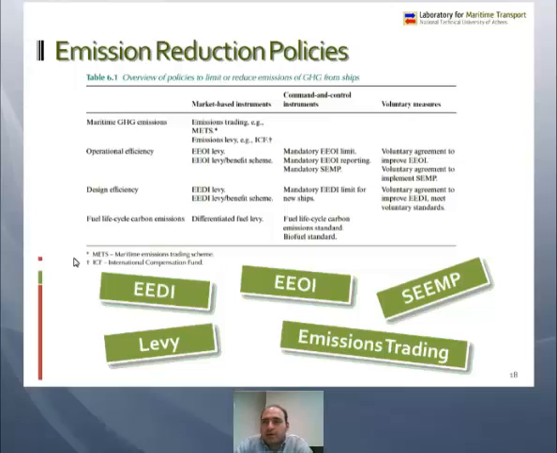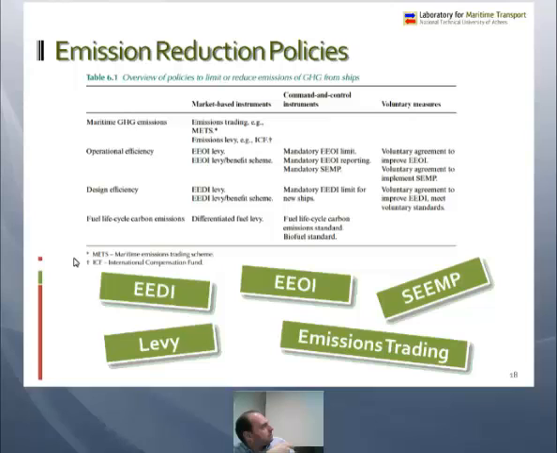Regulations introduced by the International Maritime Organization. We have these market-based instruments, which are essentially a tax on emissions or bunker consumption, and this so-called emission trading. I'll come back to that soon.